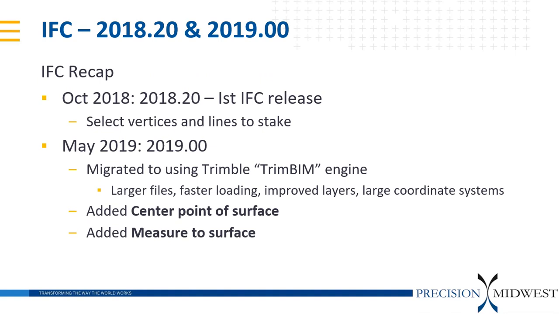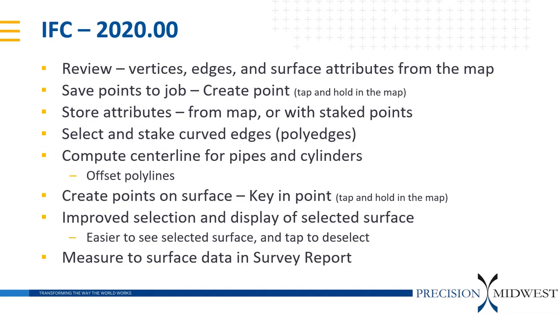IFC models in 2018 and 2019, they've done a lot of work since then. They've been able to add center point of a cylinder and then select surfaces to create points. You can review vertices, edges, surface attributes from the map, and save points to the job. Again, create point, tap and hold on the map.